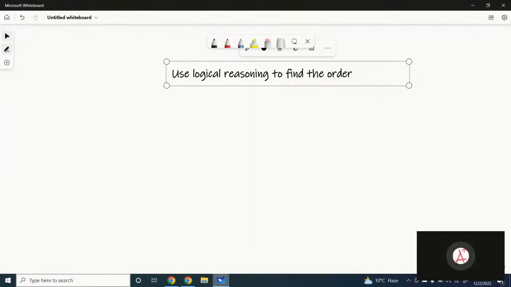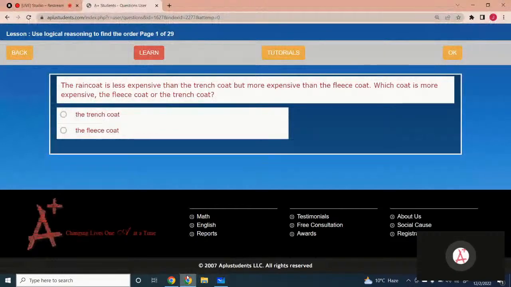Wait, let me read the question again. Sorry. The raincoat is less expensive than the trench coat, but more expensive than the fleece coat. Which coat is more expensive than the fleece coat? Got it?